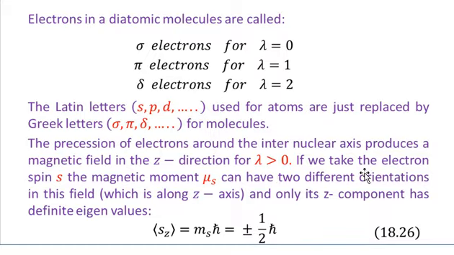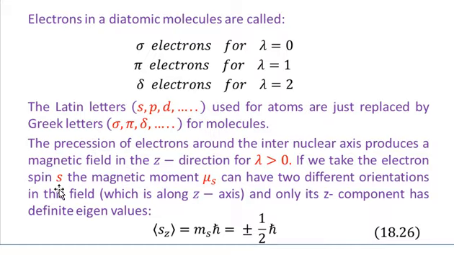If we take the electron spin s, you should not confuse the electron spin with the s electron, because we have the s electron, p electron, and d electron for the atoms. I have explained these s, p, d terms in the atomic physics part of the course.